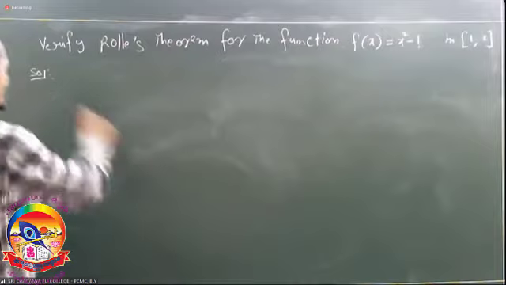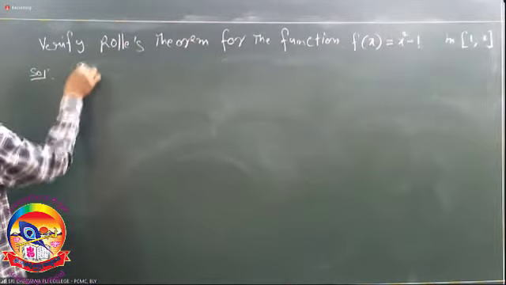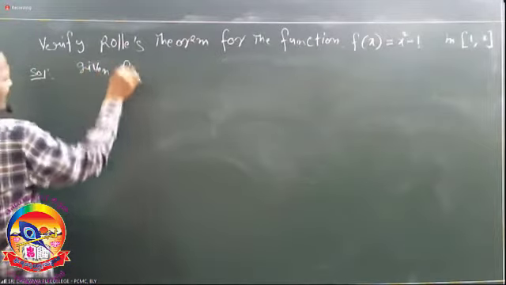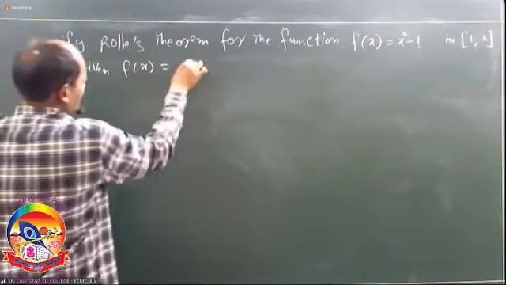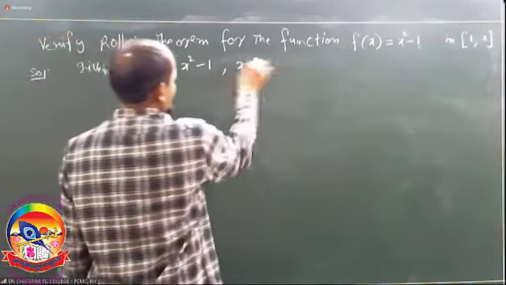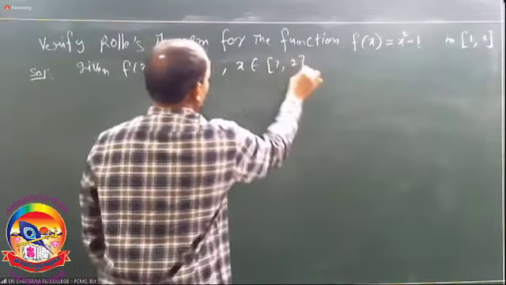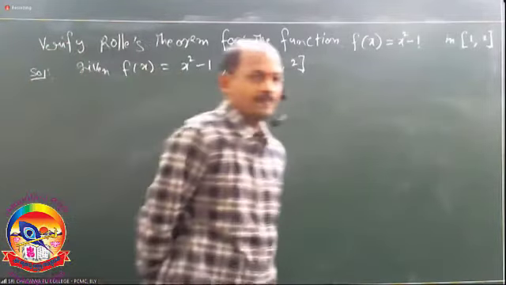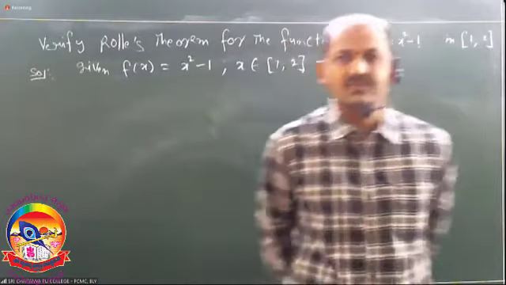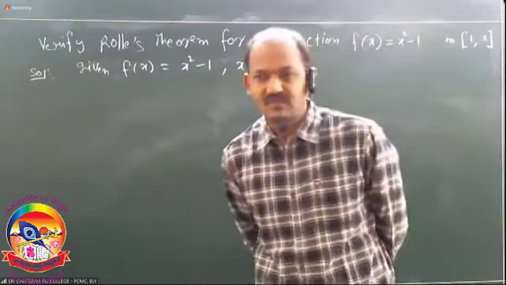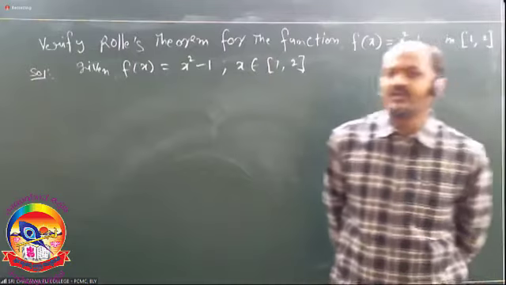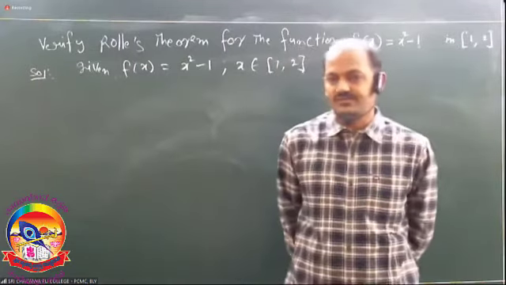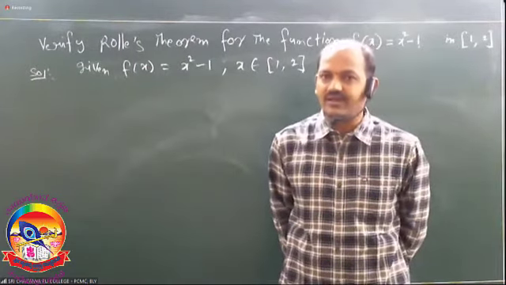Listen. Given f of x is equal to x square minus 1. Here x belongs to 1 to 2. Given function is which type of function? x square minus 1 is a polynomial function. Already we know that every polynomial function is continuous for all x.